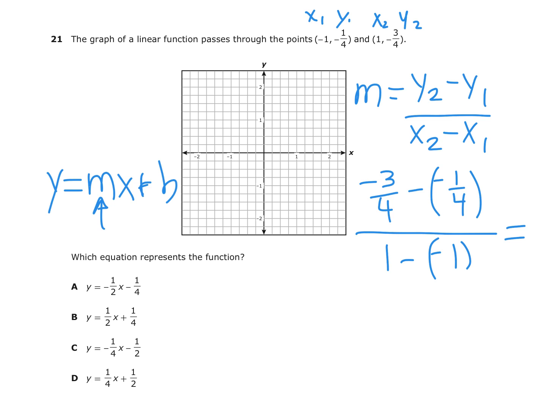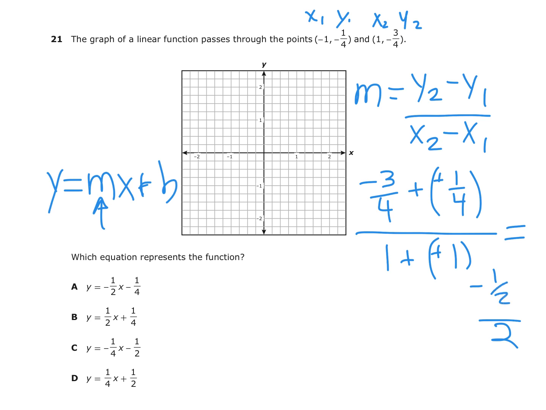When you have minus a negative, that becomes a plus. We'll put a plus there and a plus there. So the denominator, 1 plus 1, is going to be 2. And you're going to have negative 3/4 plus 1/4, that's negative 2/4, which is negative 1/2.